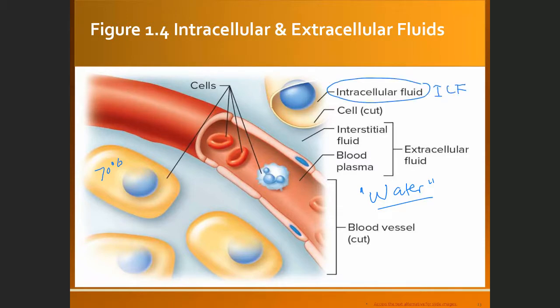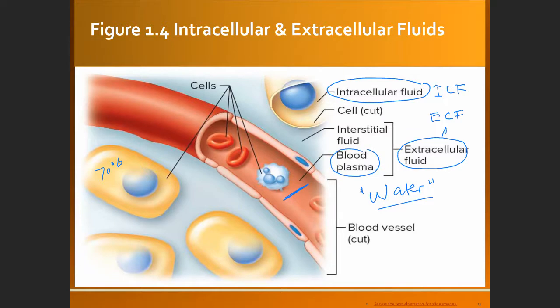And then outside the cell, between one cell and another cell, there is also fluid. It's called the ECF, extracellular fluid, which can be of several types. If it is inside the blood vessel, the extracellular fluid is called the blood plasma.